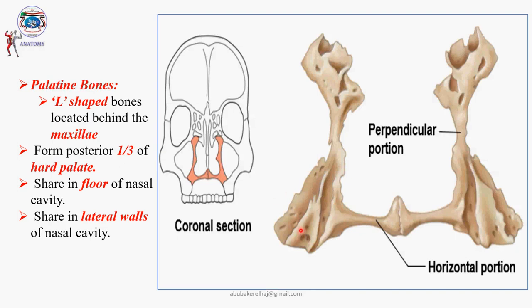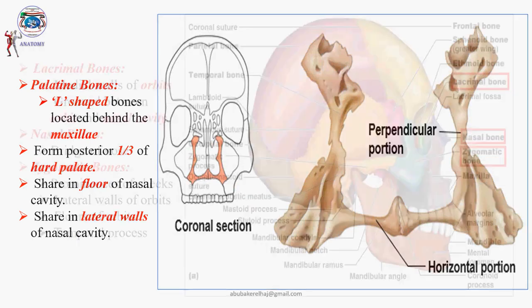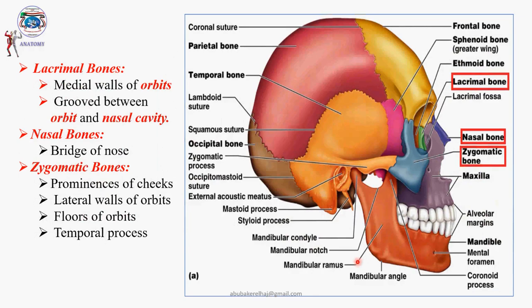Then it forms about one third of the hard palate, which I mentioned before in the norma basalis externa, and also shares in the formation of the nasal cavity, and also shares in the lateral wall of the nasal cavity, most posteriorly related nearly to the posterior nasal apertures.